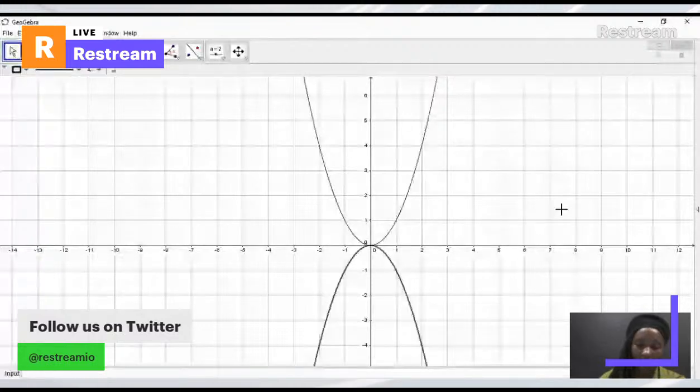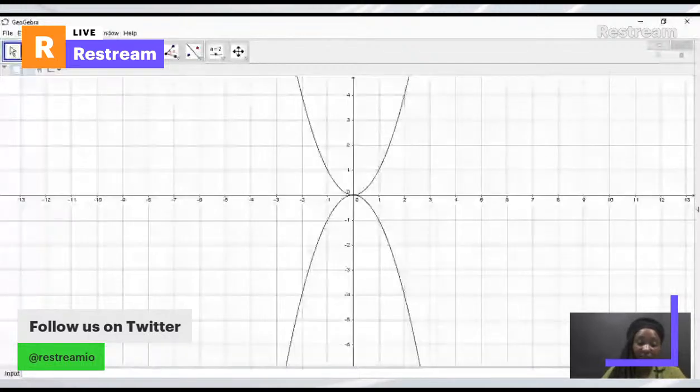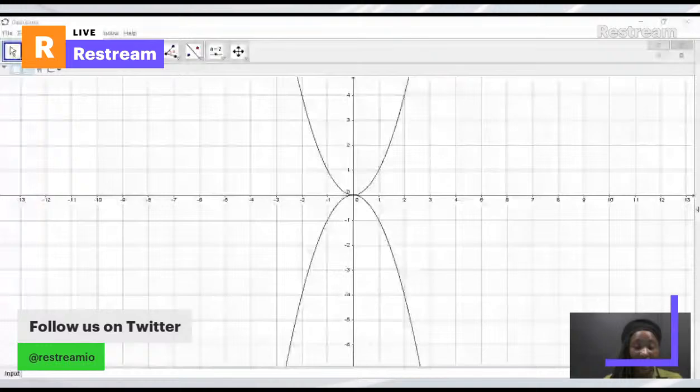You notice these are also opposite or inverse to each other. Just as the line y equals x is the inverse of the line y equals negative x, likewise the curve y equals x squared is inverse to the curve y equals negative x squared.